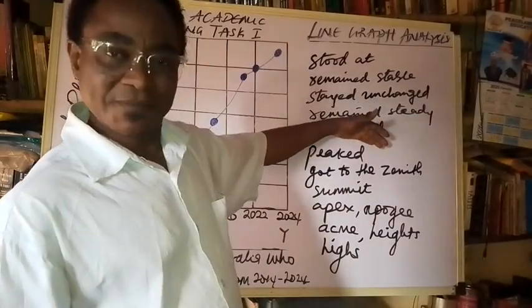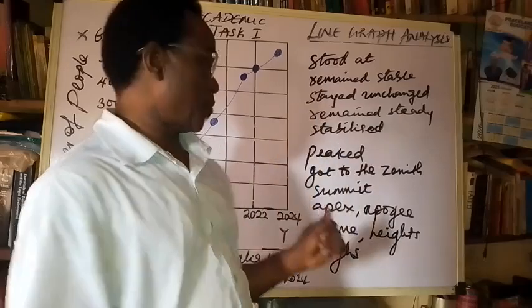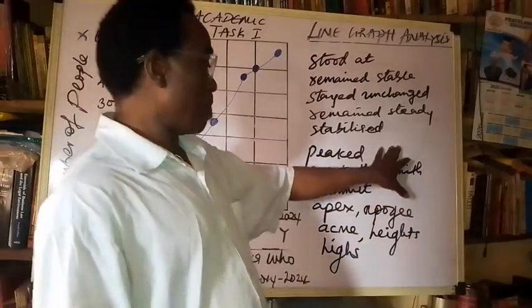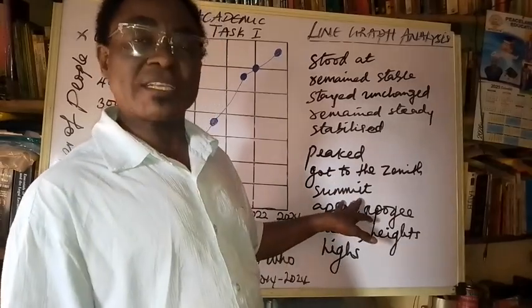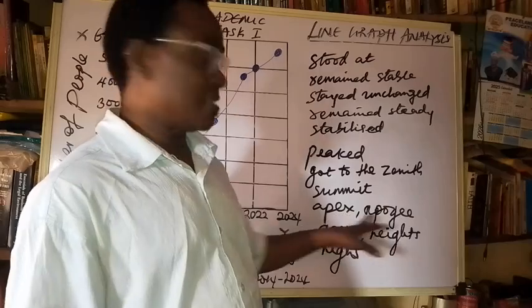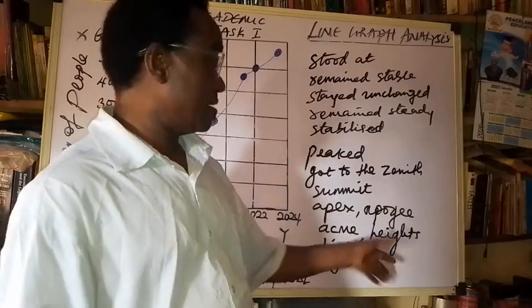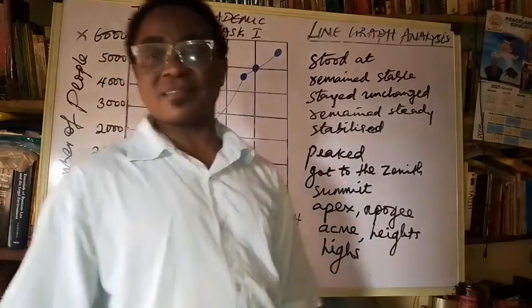Price peaked, that is, got to its highest point, the highest point possible, got to a peak or got to the zenith, or reached the summit, the apex, the apogee, the acme, the height, or the highs.